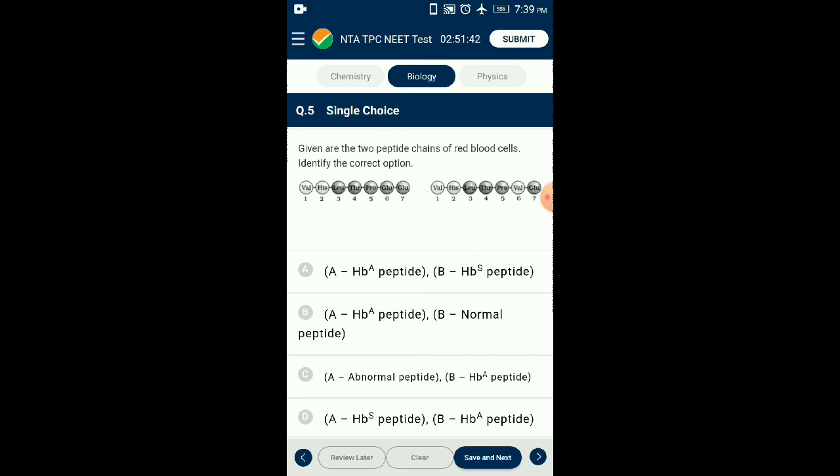The disease is controlled by a single pair of alleles HB^A and HB^S. Thus, three genotypes are possible in the population: HB^A HB^A, that is normal homozygous; HB^A HB^S, normal carrier; and HB^S HB^S, that is diseased. So the answer for this question is option A.